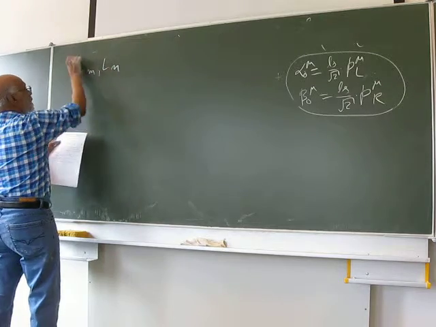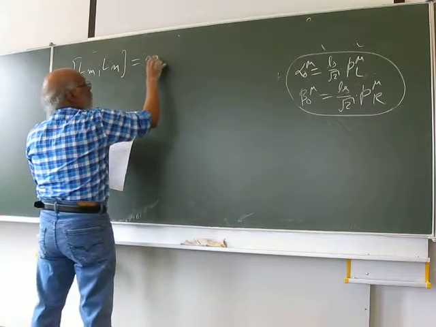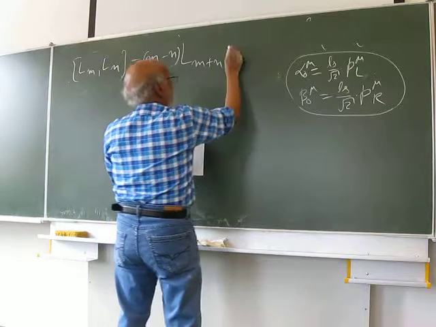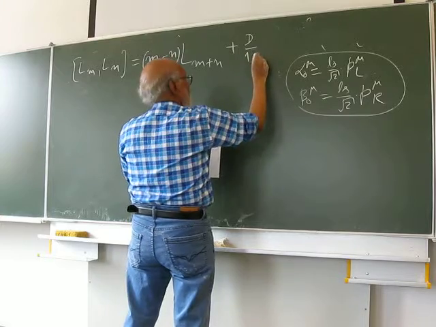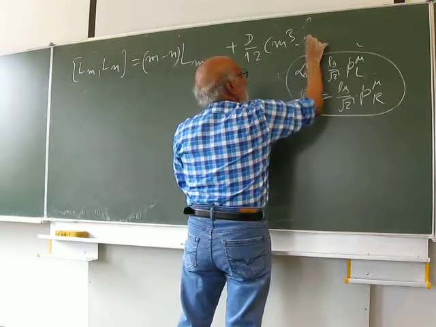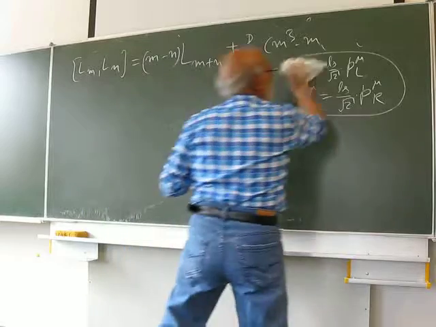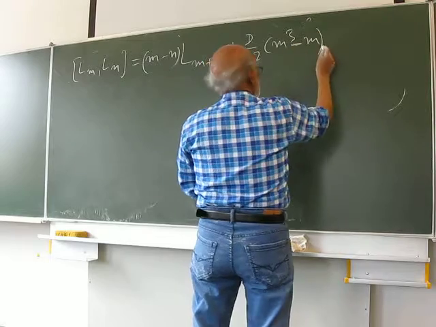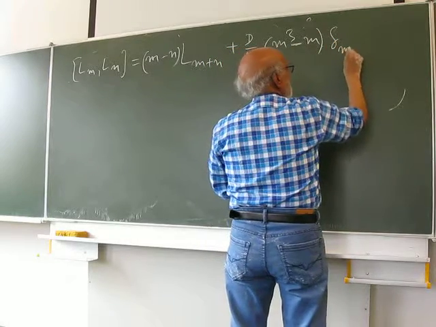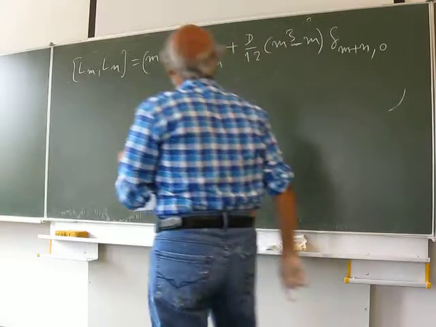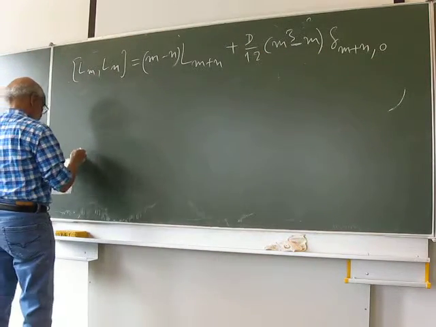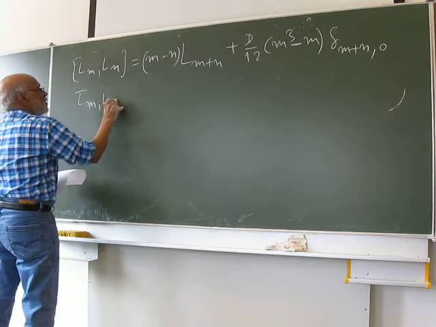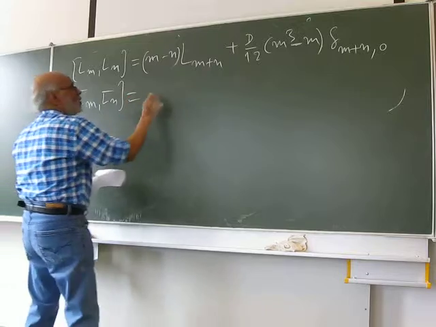L m, L n is equal to m minus n L m plus n plus D by 12 m cubed minus m delta m plus n, 0, and similarly you would have the same for the barred ones.